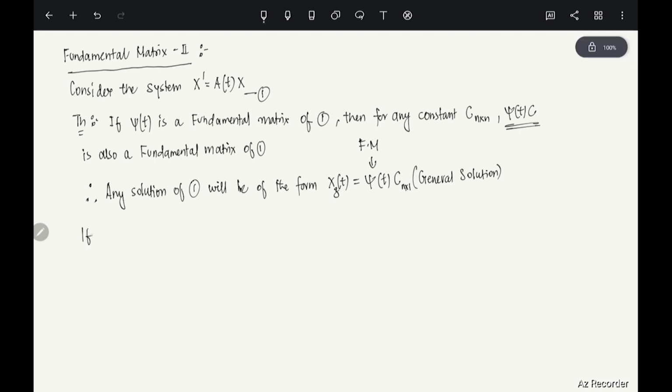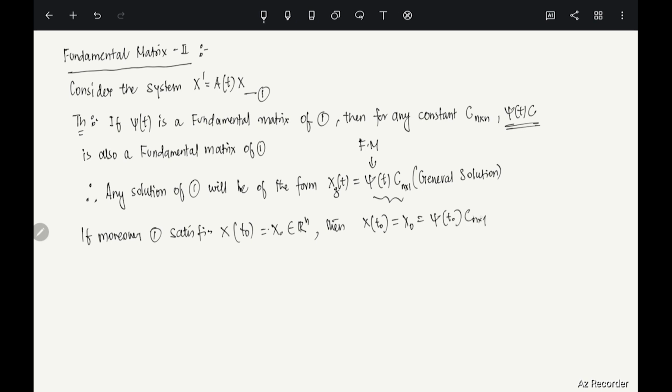Now, if moreover 1 satisfies x at t0 equals x0, where t0 can be 0, so the solution passes through this vector x0 in Rn, then x at the point t0 is given to be x0, and this will satisfy phi at t0 times C equals x0.